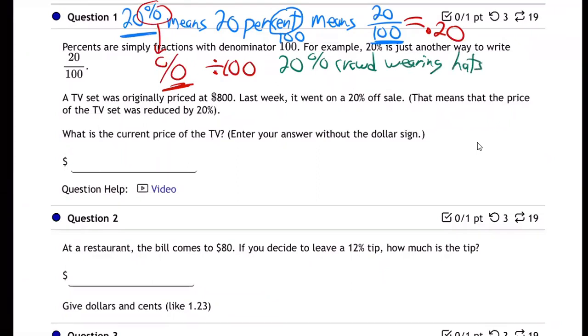But normally there's thousands and thousands of people at a baseball game, 30,000, 40,000. So what does it mean when we say 20% of the crowd was wearing hats? I mean, is that 20 people? No, we know it's not that.